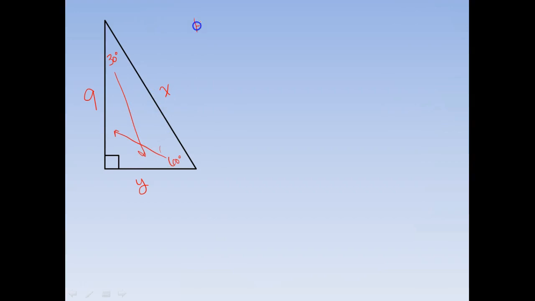First things first, write out the formula. Hypotenuse is equal to 2 times the short leg, and your long leg is equal to short leg root 3. Since we are given the long leg this time, we will use this formula first.